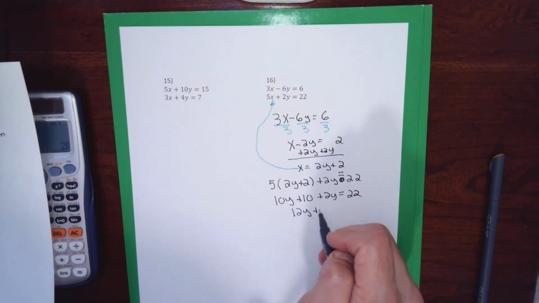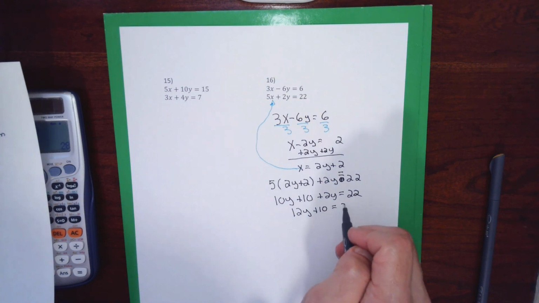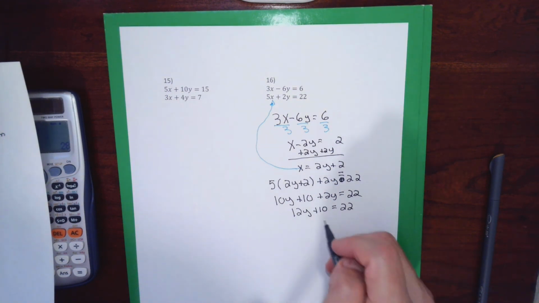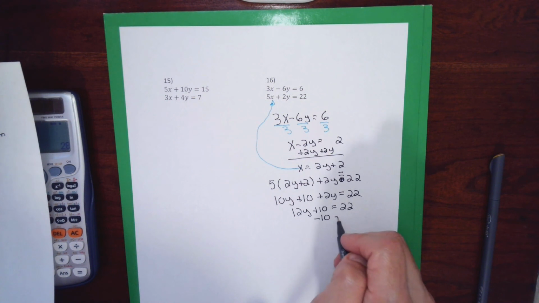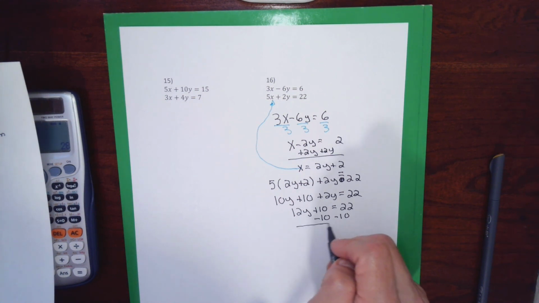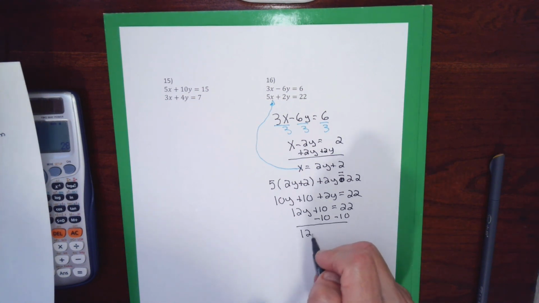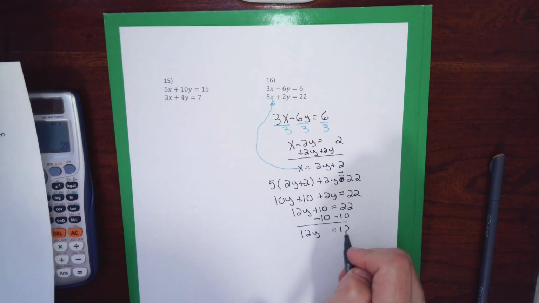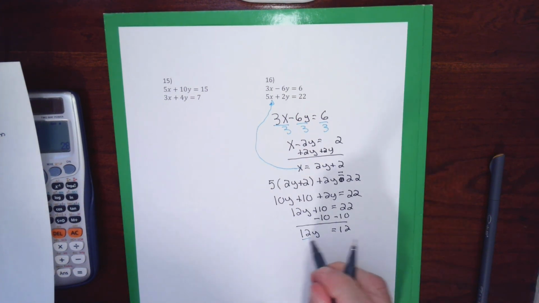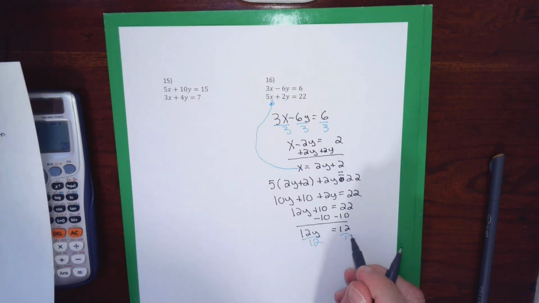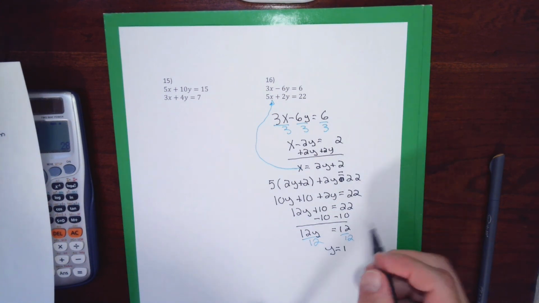Leave the plus 10, still equals 22. Then minus 10, minus 10. So that gives me 12y equals 12. And then divide by 12, divide by 12. Gives me y equal to 1.